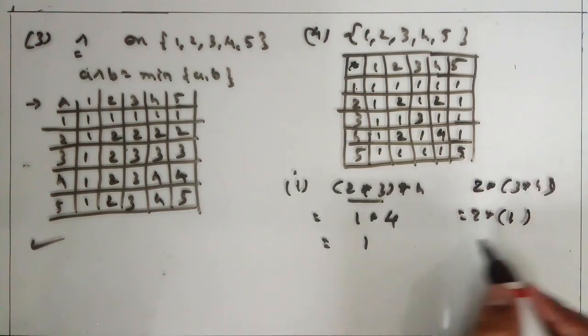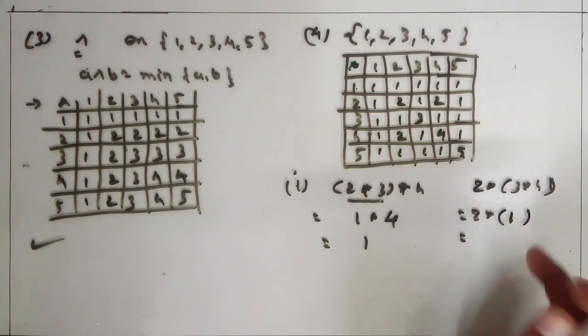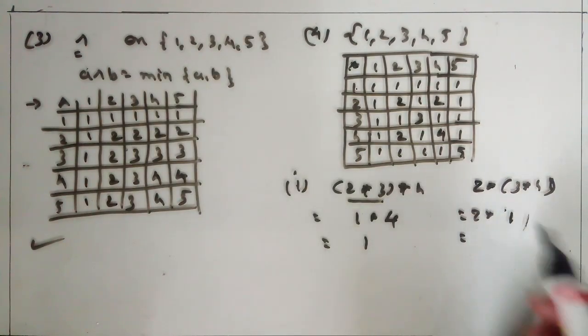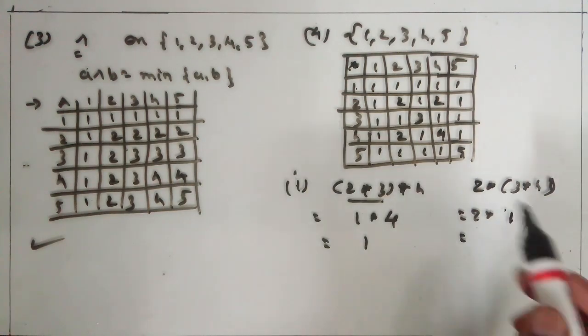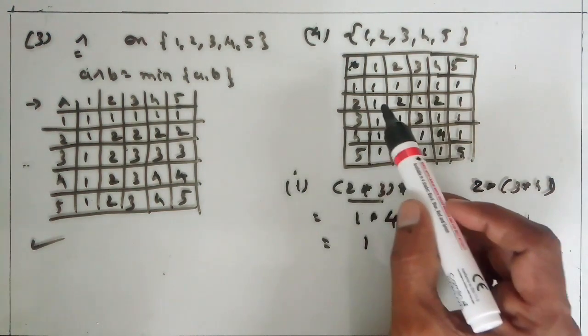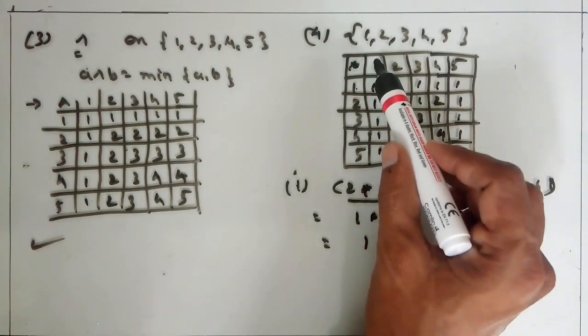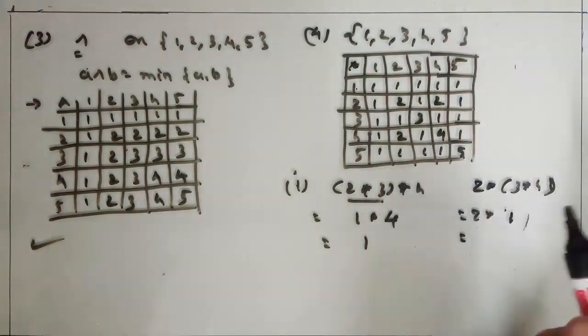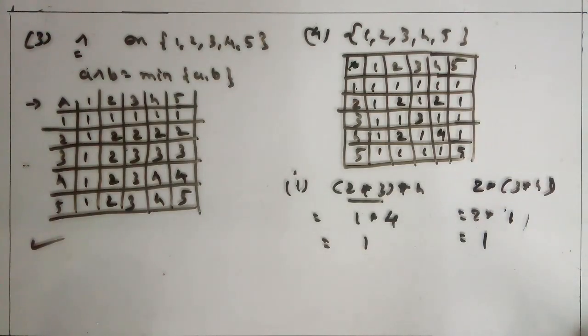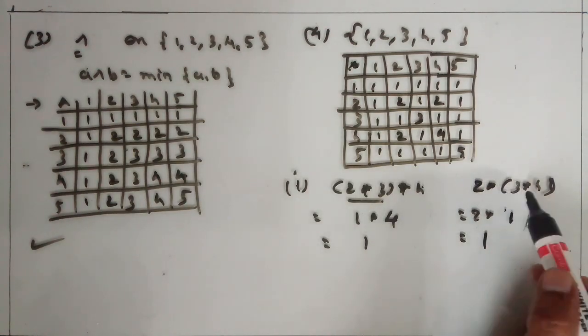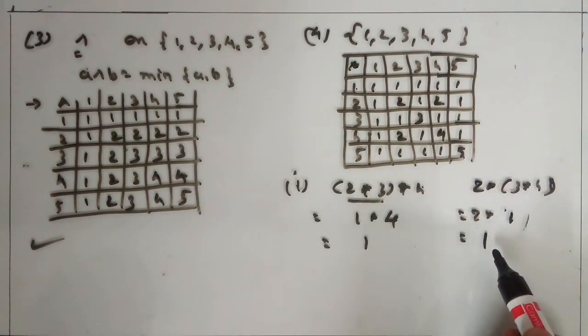We get 1. 2 star, remove this bracket, 2 star 1. Now the intersection of the row containing 2 and the column containing 1 is 1. So 2 star 1 is equal to 1. Here (2 star 3) star 4 is equal to 1, and 2 star (3 star 4) is also equal to 1.